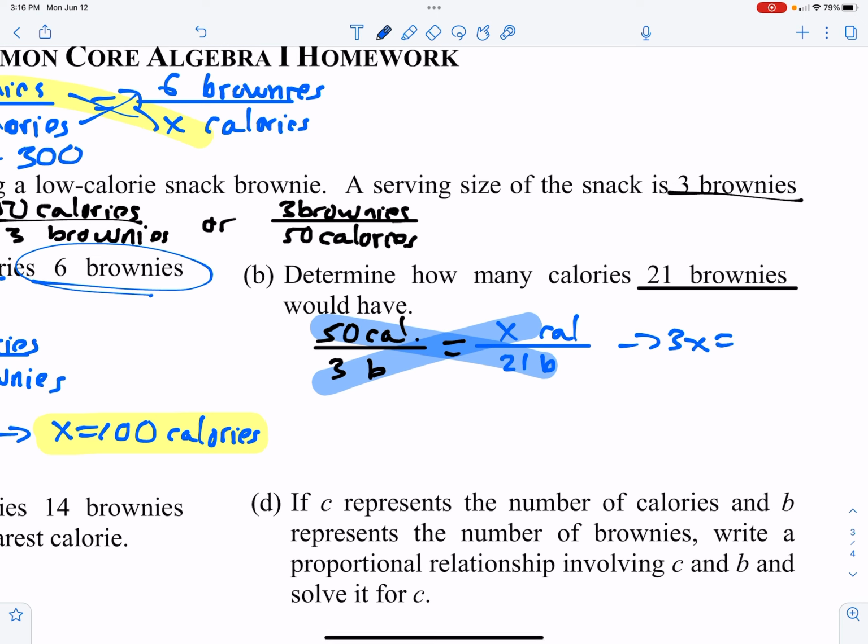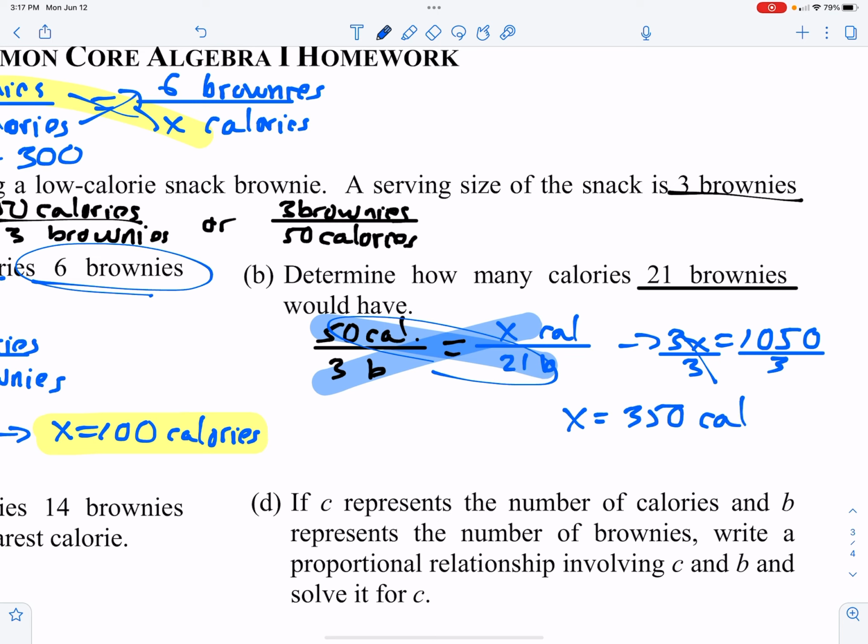Three X equals 50 times 21, which is 1,050. Go ahead and divide both sides by 3, and we're talking 350 calories.